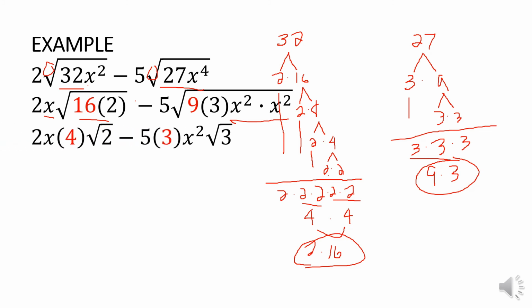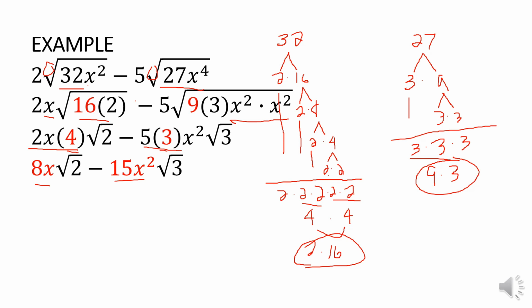Okay, so we extract the square root of 16, that is 4. Then we also extract the square root of 9, and that is 3. Then we multiply 2 and 4. We also multiply 5 and 3. So 2 times 4 is 8. 5 times 3 is 15. The square root of x to the fourth is x squared.